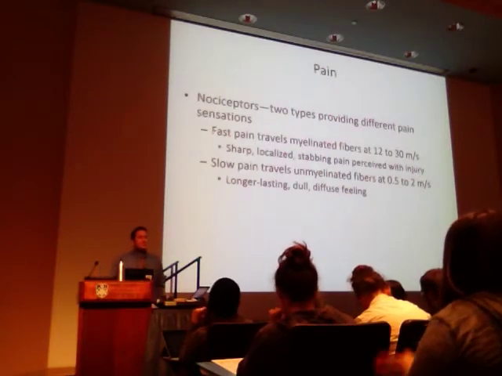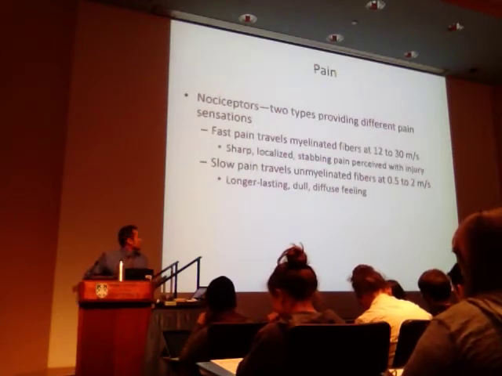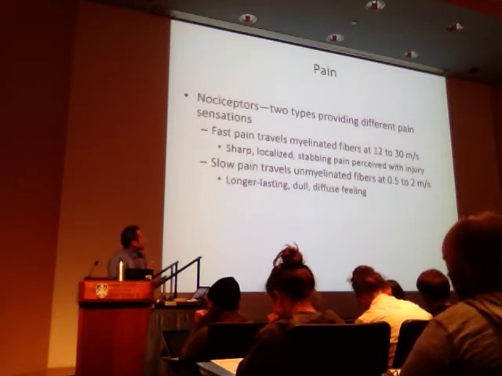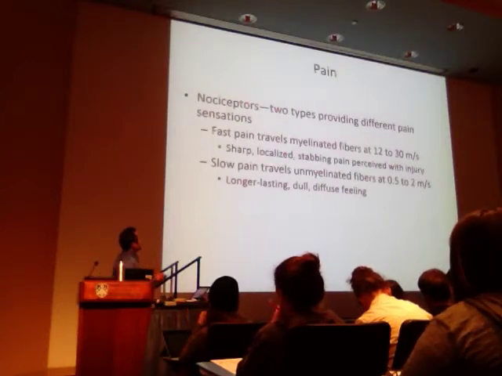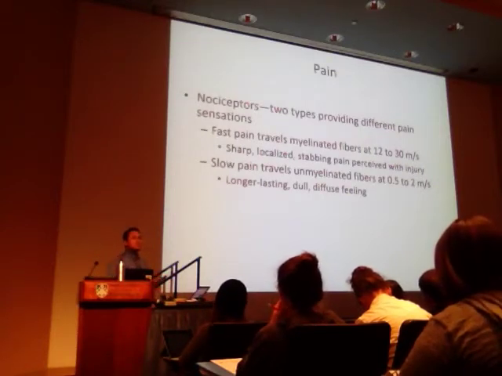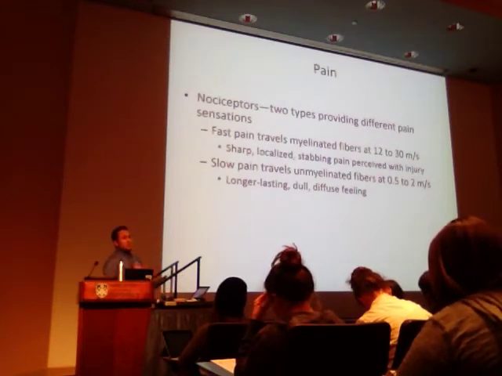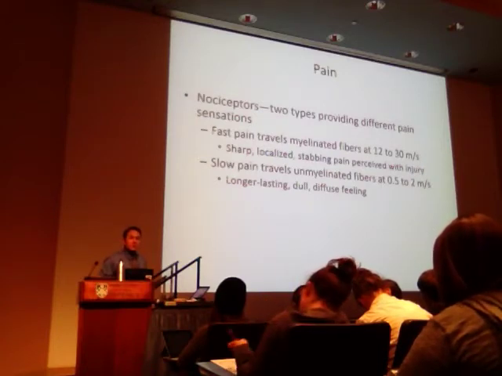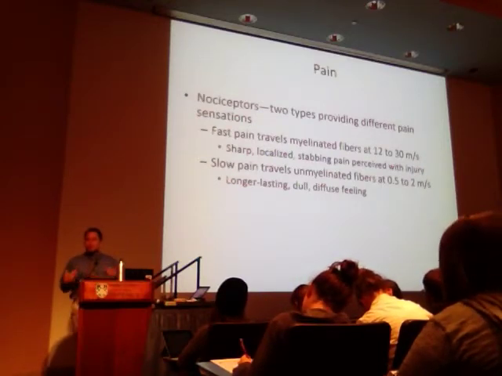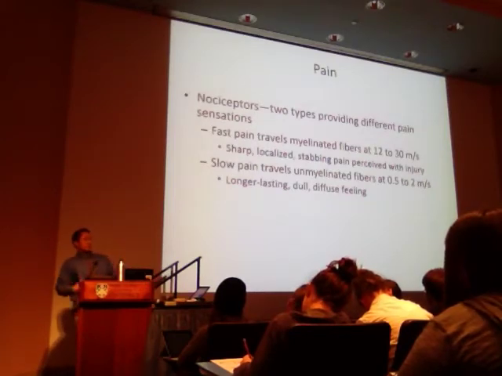Fast pain travels via myelinated fibers. Okay, that should make sense. Right, so at about 12 to 30 meters per second, it's going to be perceived as sharp, localized, a stabbing pain. Whereas slow pain is more dull. A dull pain, like when you have an upset stomach or a bellyache, it's usually more of a dull pain, like it just sort of hurts. And it's actually very non-specific.